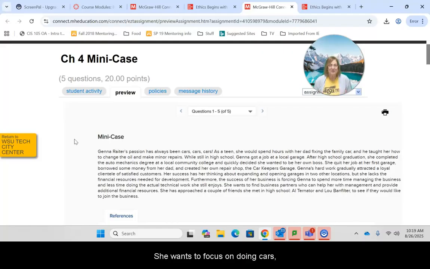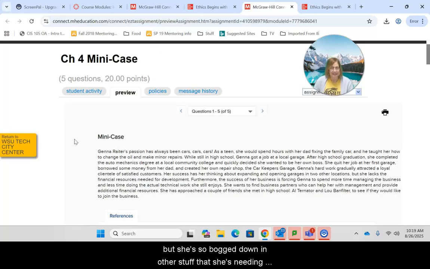I mean, she wants to focus on doing cars, but she's so bogged down in other stuff that she's needing to think about, how do I have my company set up? What do I need to do different? There are 5 questions. This is worth 20 points. And those questions all have to do with different types of ownerships and what she should do with this company going forward. So look through chapter 4. It's going to help you be able to answer these 5 questions with this mini case.